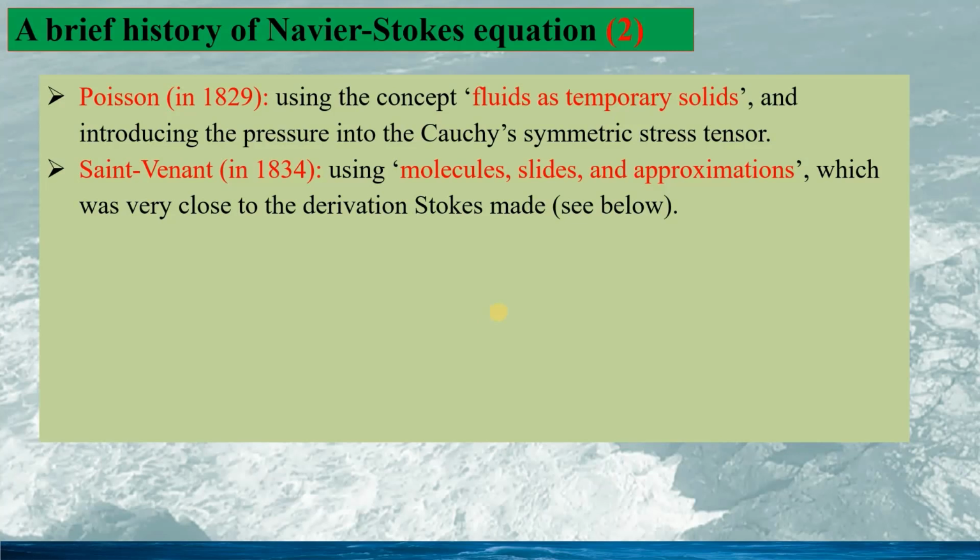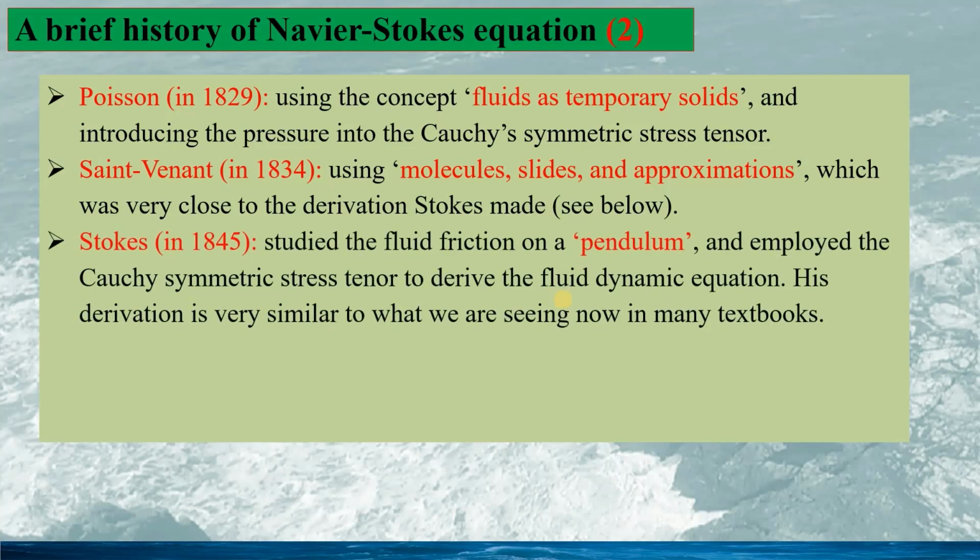Saint-Venant in 1834 used the concept of molecules, slides, and approximations, which was actually very close to the derivation Stokes made. In 1845, Stokes studied the fluid friction on a pendulum, and he employed the Cauchy symmetric stress tensor to derive the fluid dynamic equation.